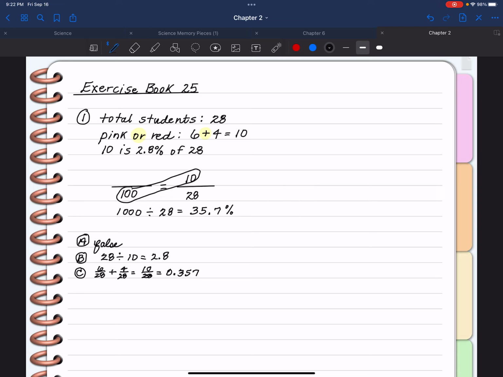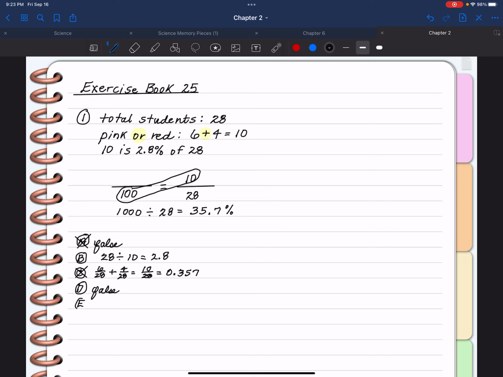That's not what she did. She didn't get 35%. She got 2.8%. So we know this is not the answer, and we know A is not the answer. D says Susan is correct, and she's not correct. So D is a false statement.